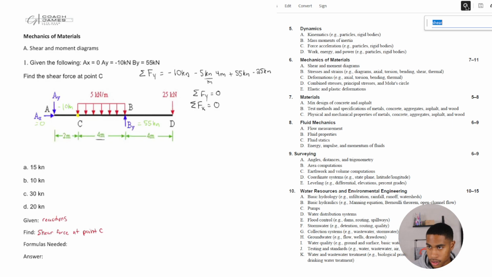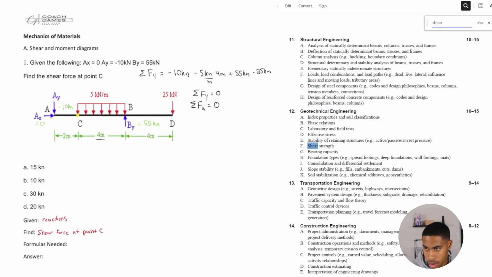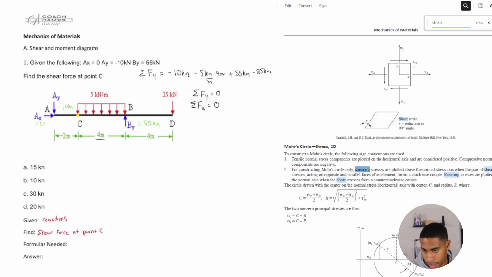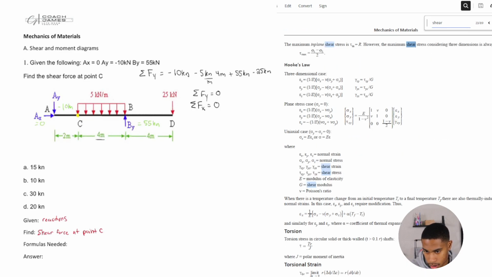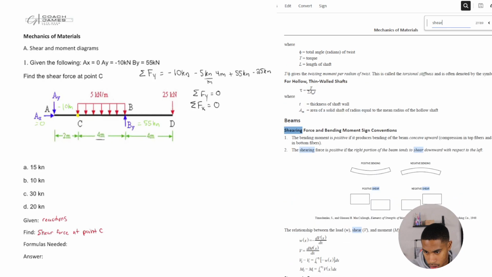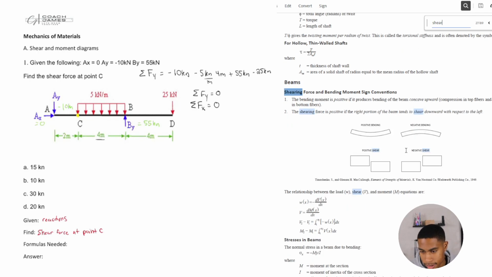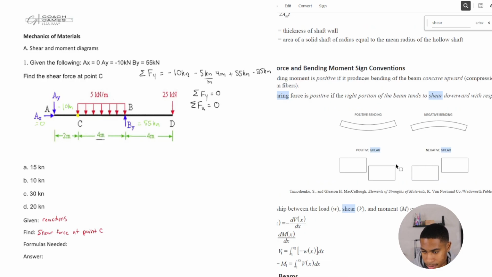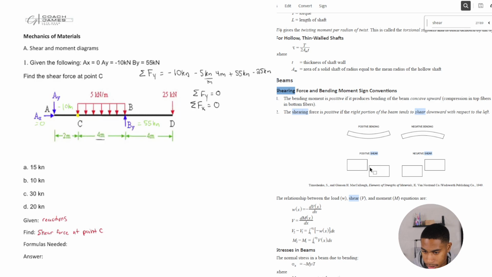And if we look at shear, we go to shear and moment diagrams. This is what we're kind of in. All right, so the handbook tries to show us how to do shear and moment diagrams, saying positive shear, negative shear, but this doesn't really help us, so I'm going to go over it.